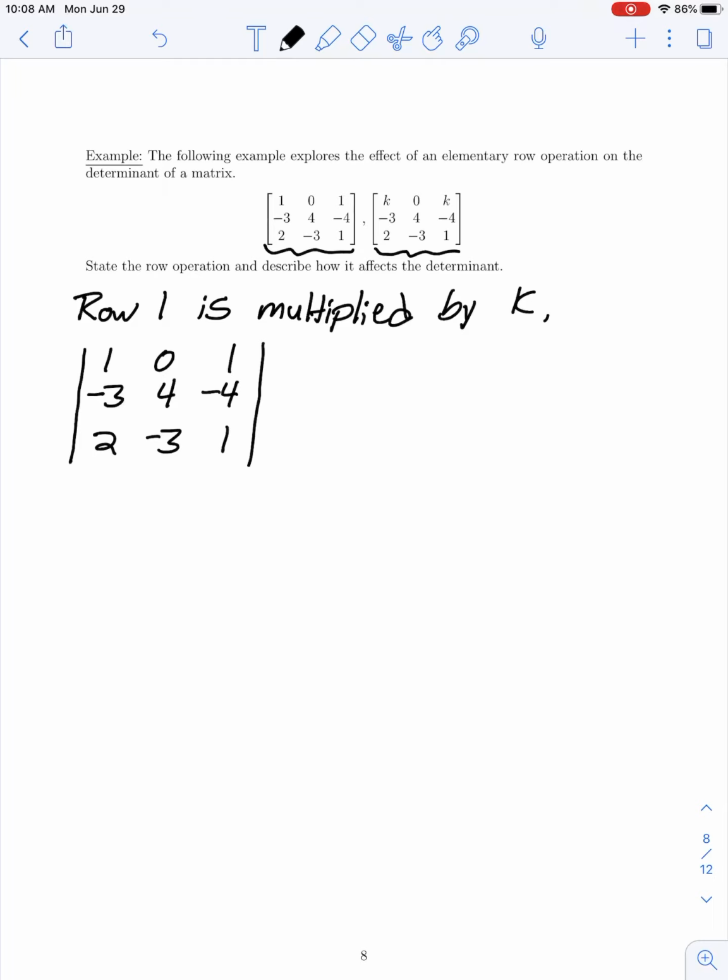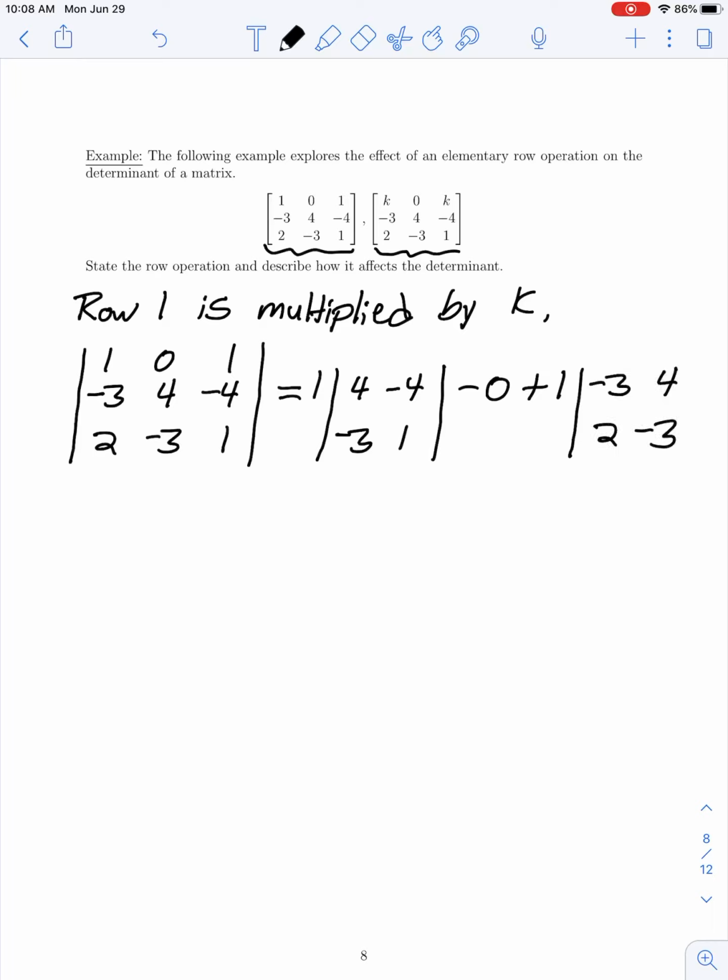Using a cofactor expansion along the first row, we would have 1 times the determinant of 4, negative 4, negative 3, 1, minus 0, since we're changing signs as we move through the matrix, plus 1 times the determinant of negative 3, 4, 2, negative 3.